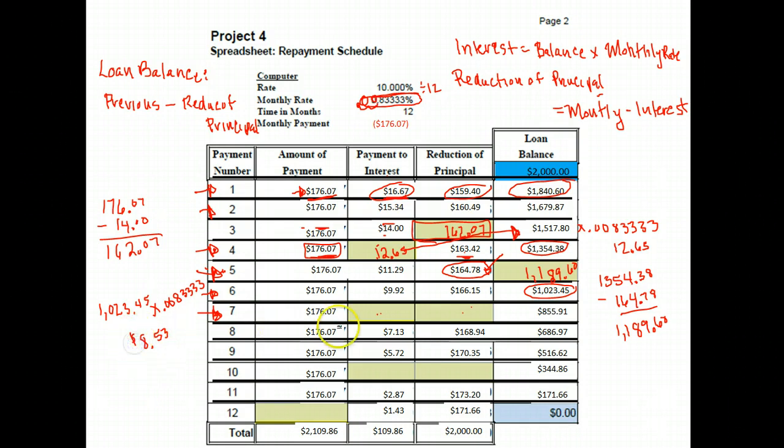We get $8.53. So that's the amount that goes to interest, and that's the amount we would put right here.